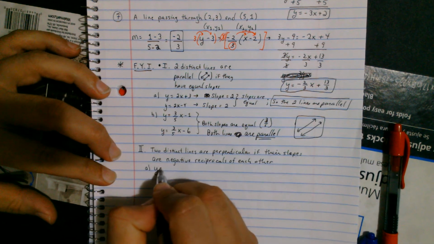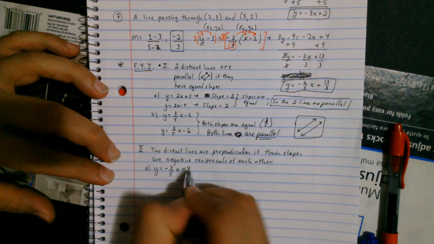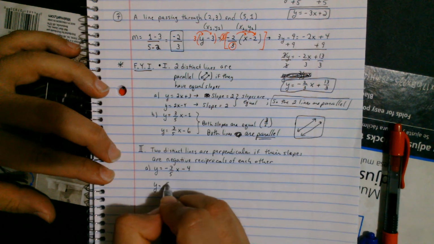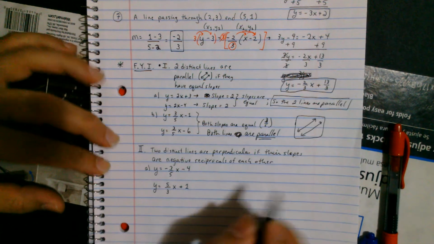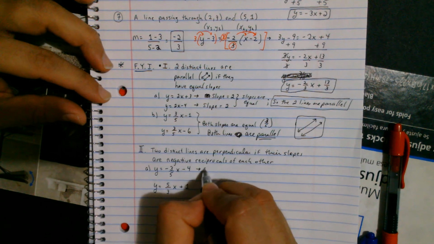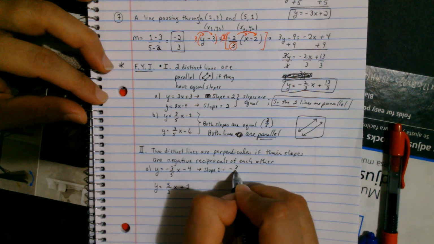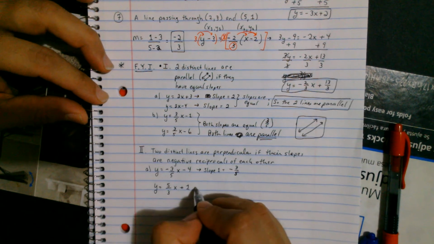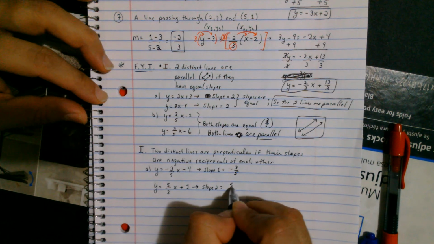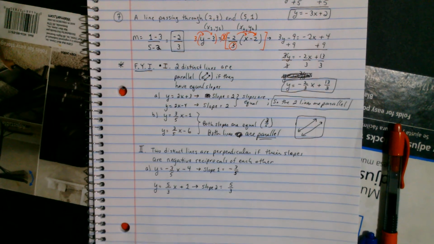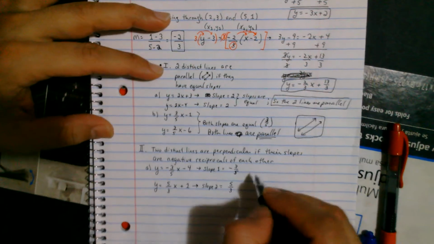So y equals negative 3/5 x minus 4. Y equals positive 5/3 x plus 1. So let's say slope 1 is negative 3/5, because again y equals mx plus b. Slope number 2 is positive 5/3. So notice that both of them are reciprocals of each other and opposite signs.